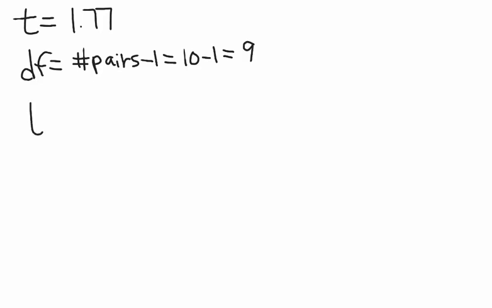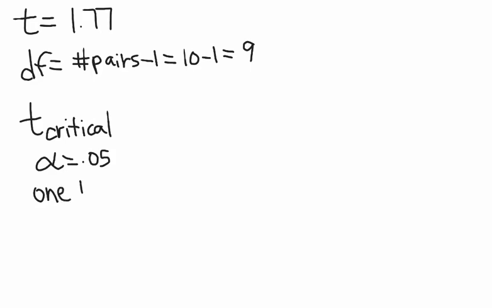And now I need to find out what my t critical is, using an alpha of 0.05 and a one-tailed test. Remember, the reason why we're using a one-tailed test is because we explicitly stated the direction of the effect.